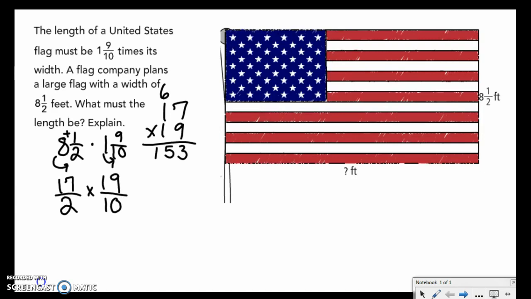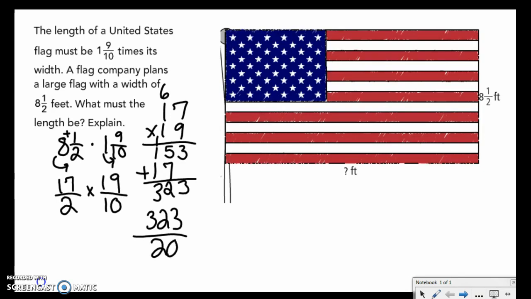And then you're going to do 1 times 7, which is going to give you 7. And then 1 times 1 is going to give you 1. Add your numbers together. 7 and 5 is going to give you 12. And then 3 is going to be 323. And then 2 times 10 is really easy. That's just going to be 20. So you have 323 over 20.